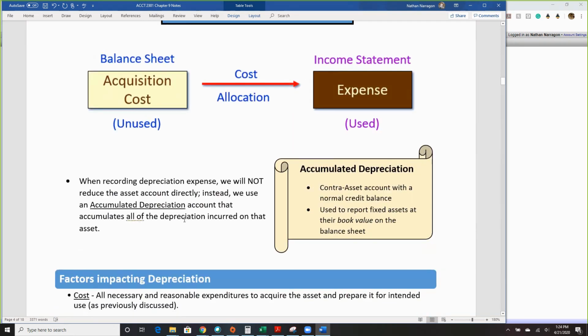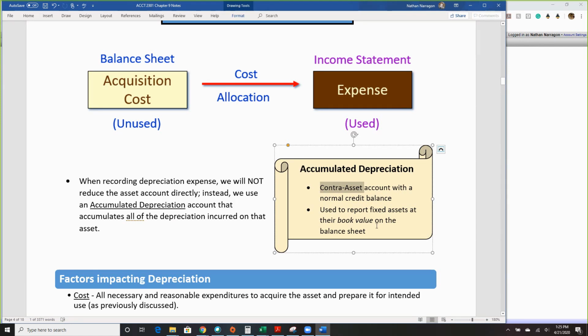So, when we look at these, we do not record anything directly to the fixed asset. We're not allowed to do that. That's why we bring in the new contra accounts, the accumulated depreciation. So, this one right here is, of course, a contra asset, which means it has a normal credit balance.